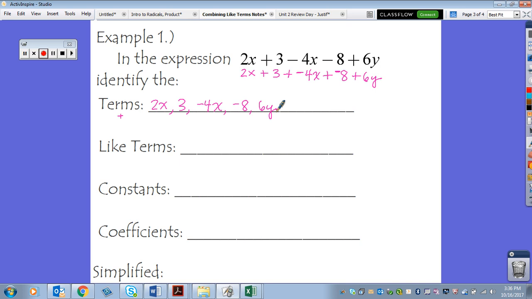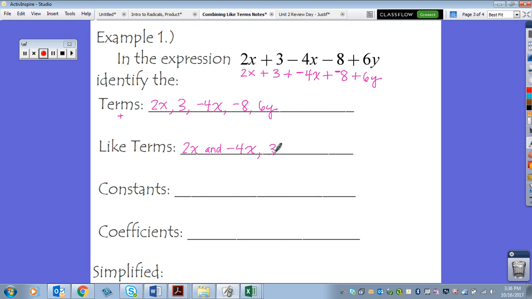Now we want to look at like terms. Again, like terms have the same variable and the same exponent. So 2x and negative 4x are like terms because they have the same variable x and the same exponent 1. X to the first is the variable I have here. I don't see the 1 for the first power because it just means x.